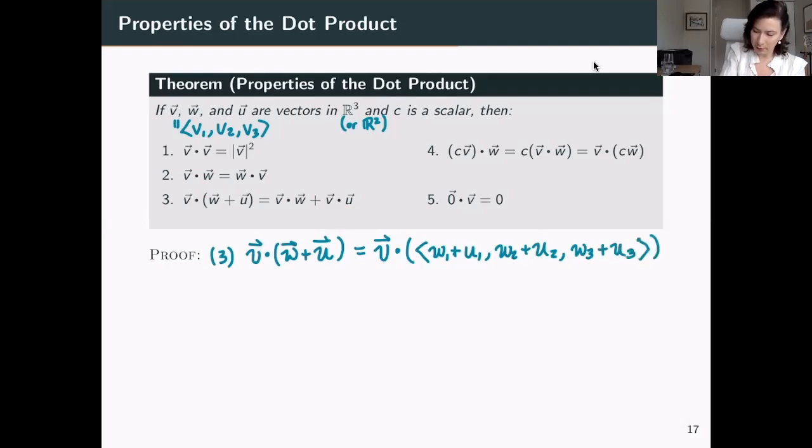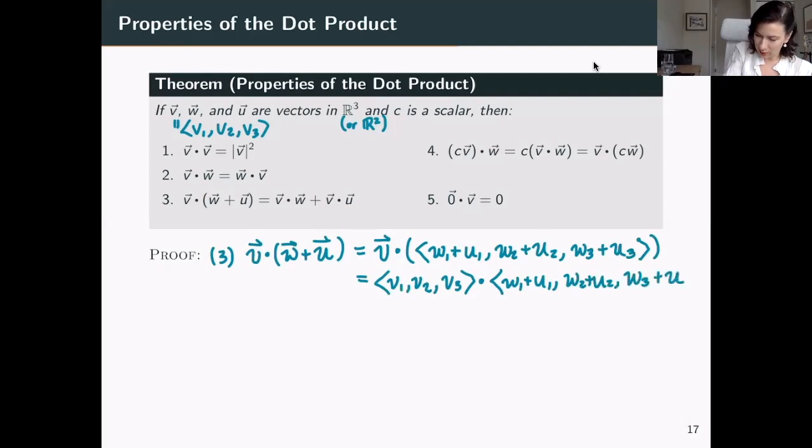Closing off that component form, we have the following. Now remember, we want to compute the dot product, so that is going to give us v1, v2, v3, dotted with w1 plus u1, comma, w2 plus u2, comma, w3 plus u3.